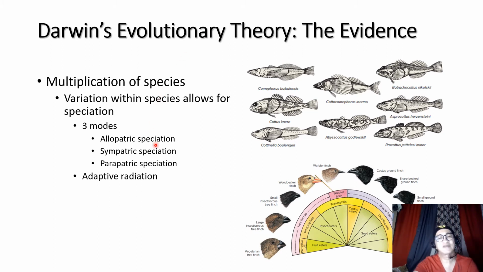Then you also have sympatric speciation, which involves different individuals within the species becoming specialized for occupying different components of their environment, such as the sculpin fishes in Lake Baikal of Russia. These are products of speciation that occurred within a single lake.